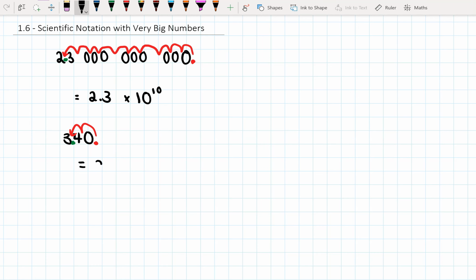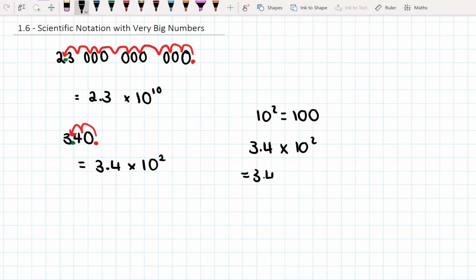So we have 3.4 times 10 to the power of 2. What is 10 to the power of 2? You guys have learned that before. 10 to the power of 2 is equal to 100. So if you take 3.4 and you times it by 10 to the power of 2, that's the same as 3.4 times 100. And you know that when we times by 100, we move the decimal point 2 spaces. So we end up with 340.